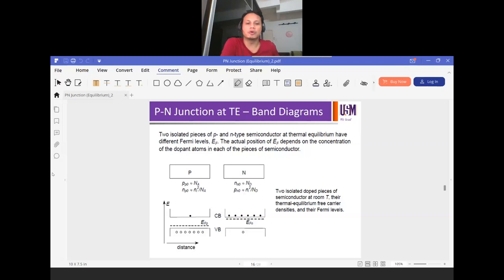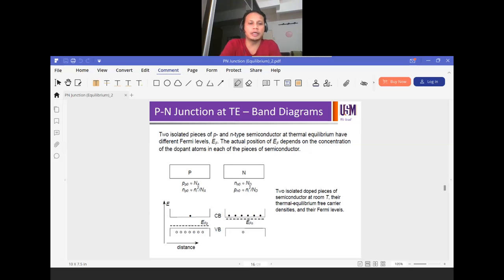In that condition, we call it the new thermal equilibrium. At that point you have your Fermi level for your PN junction as a new one, only one.